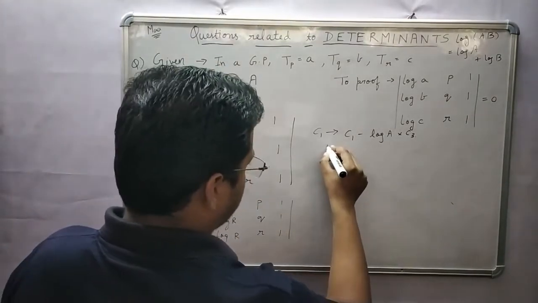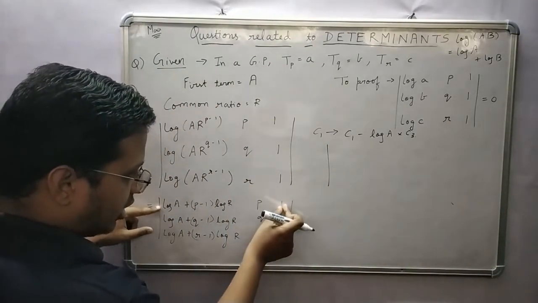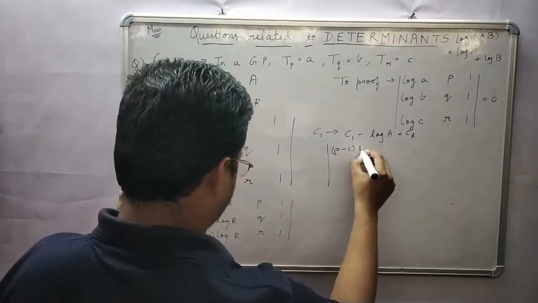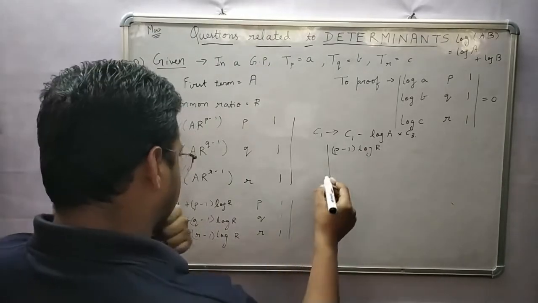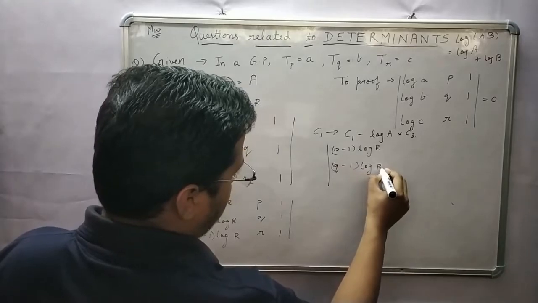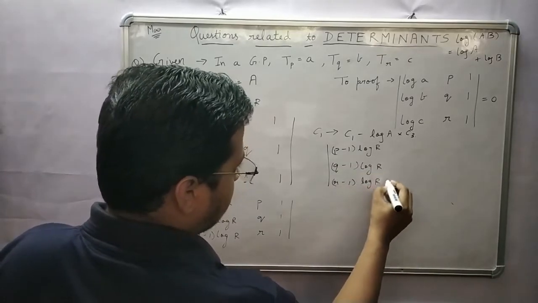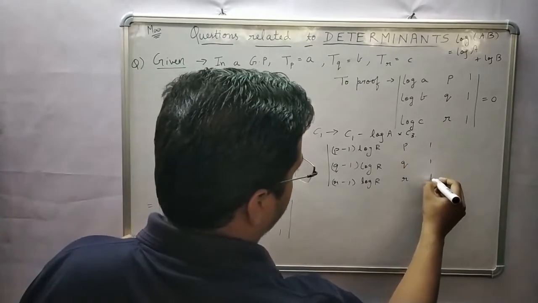So our remaining part will be P minus 1 log R. Similarly here also log A will cancel, Q minus 1 log R, R minus 1 log R. Here there is P, Q, R, 1, 1, 1.